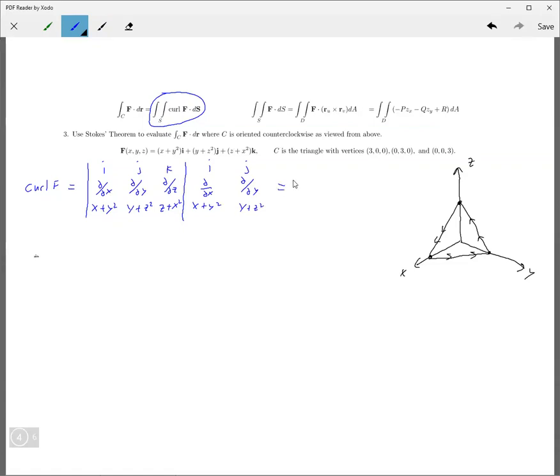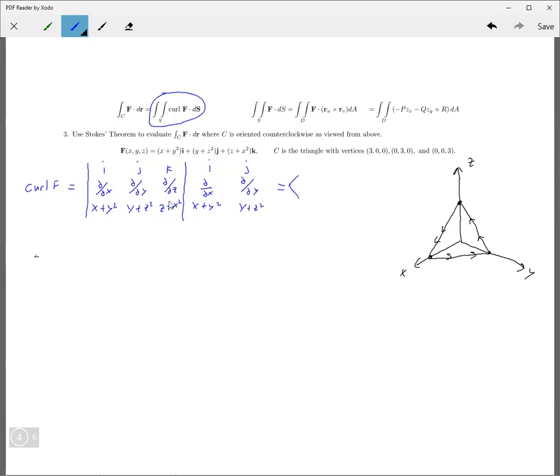To calculate it, I would do a determinant. So this times that, but really rather than times, I would apply this to this.